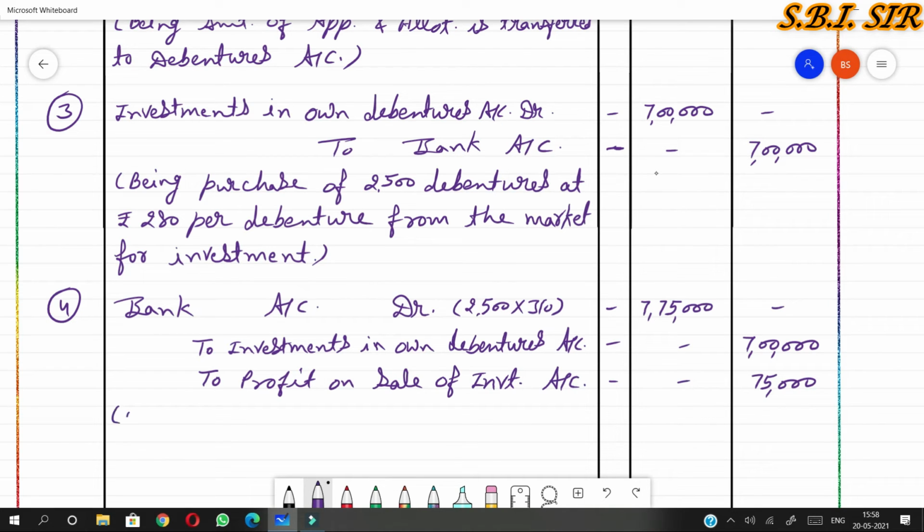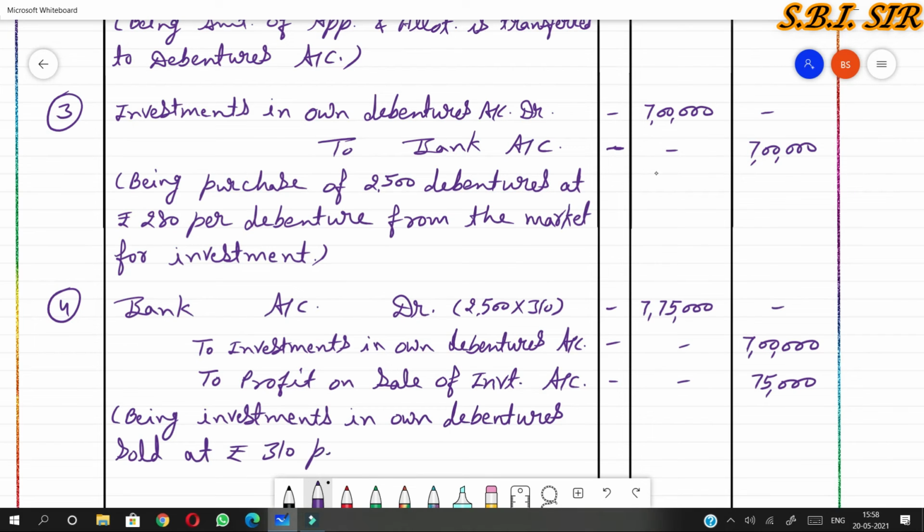Then narration being: investments in own debentures sold at rupees 310 per debenture.